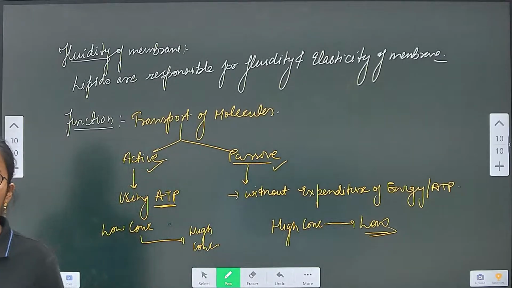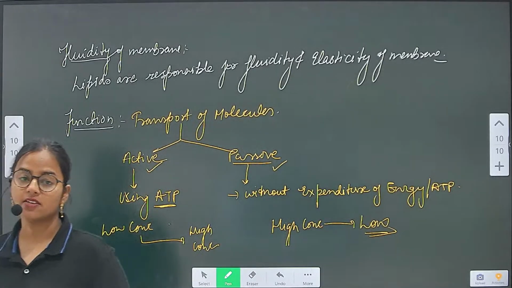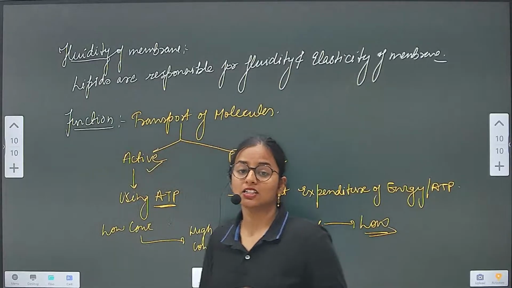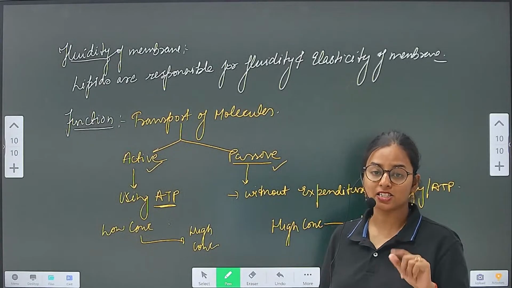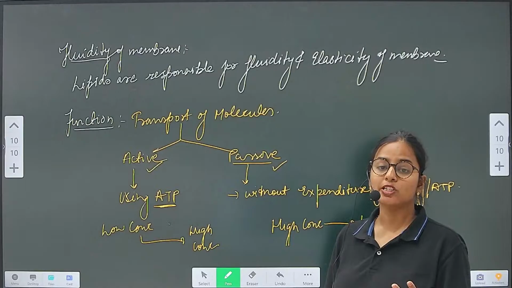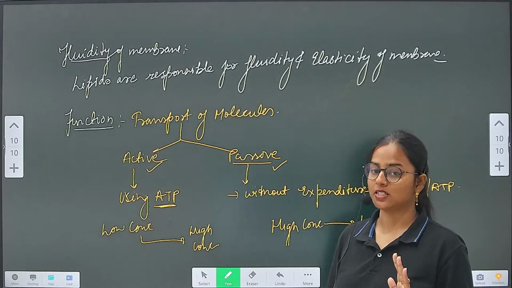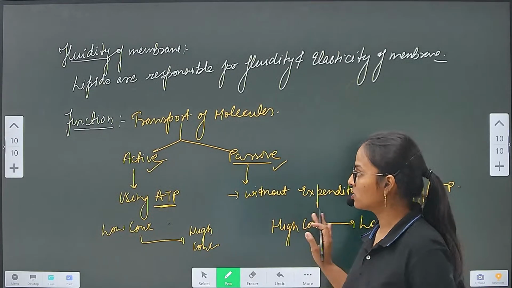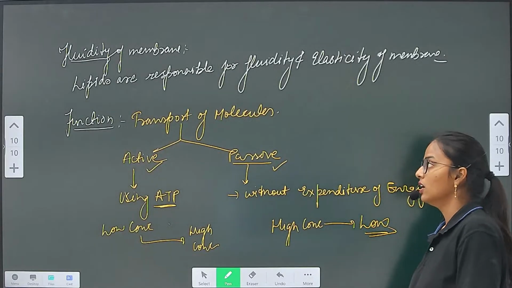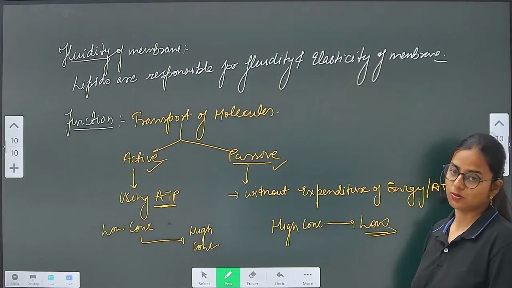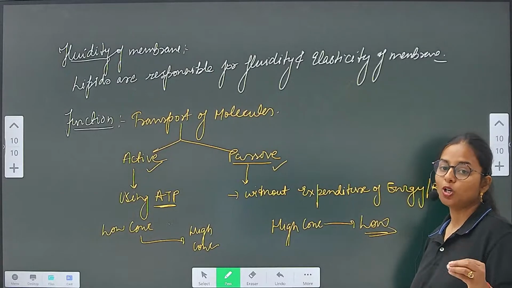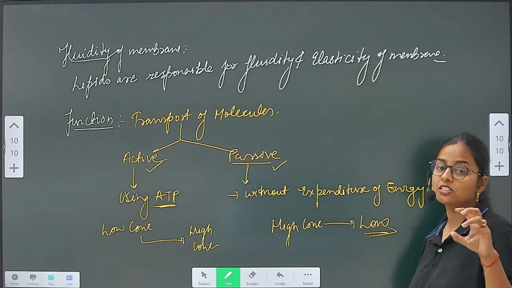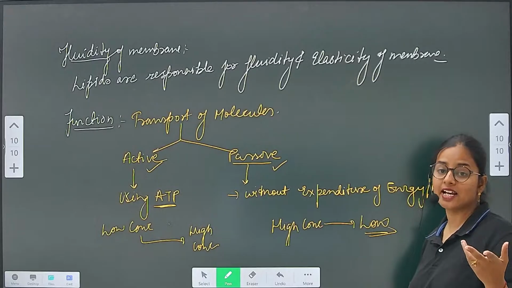Is that clear? And I hope you have also recalled that the fluid nature of the plasma membrane is due to the movement of lipids, not the proteins. Is that clear? So that's all about the function of your plasma membrane as well. It allows molecules selectively to enter inside and selectively to leave out.